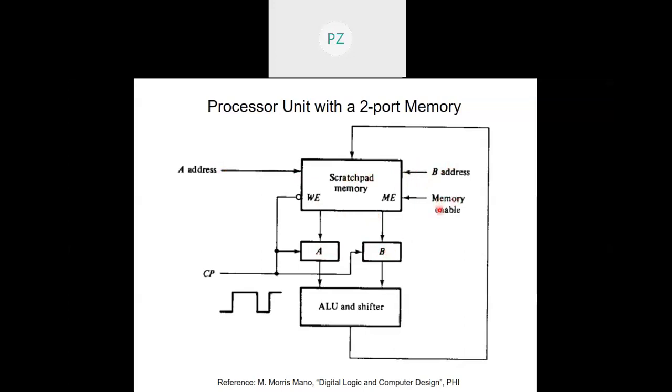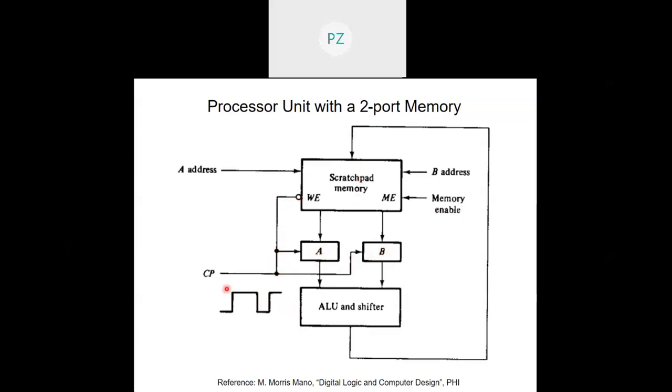This is memory enable, right? And this is write enable. Suppose I want to do the writing, then I can always take the output of the ALU and shifter. I can supply the address, right? And I can do the writing also. So this clock pulse synchronizes these registers A and B, and it also synchronizes the memory, right?